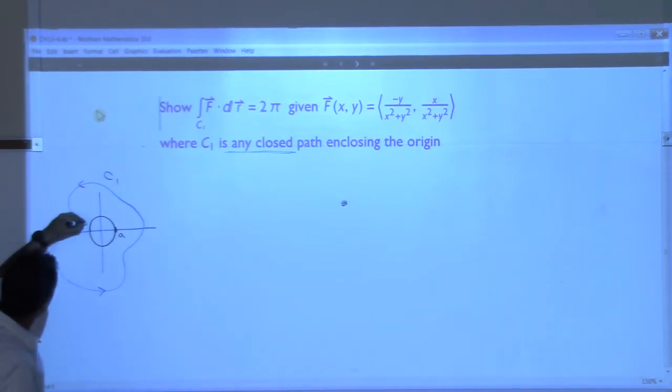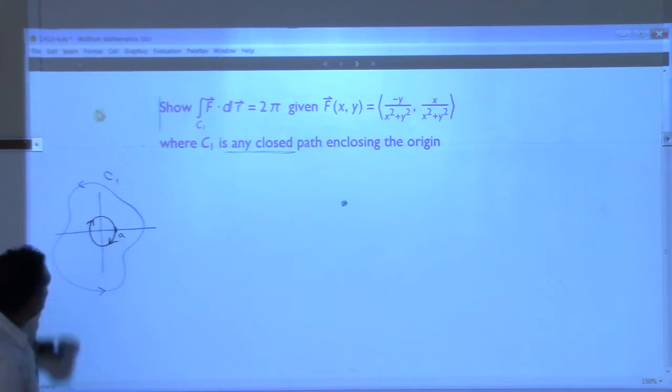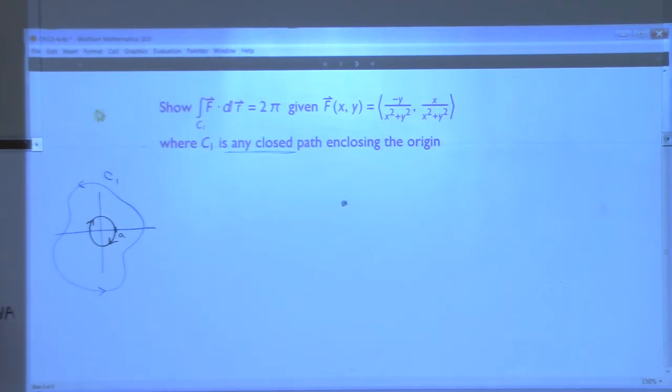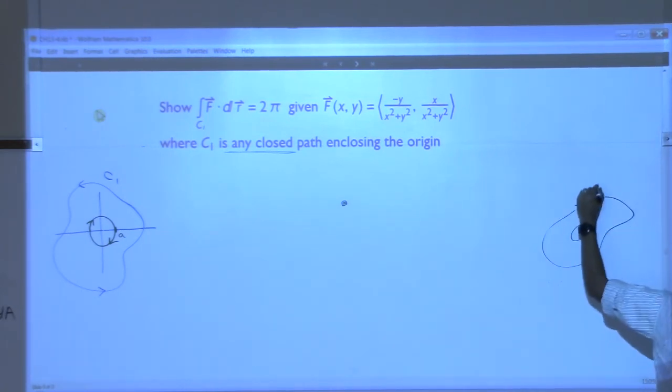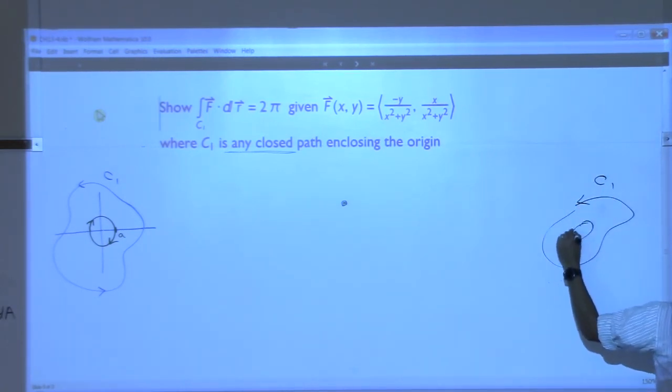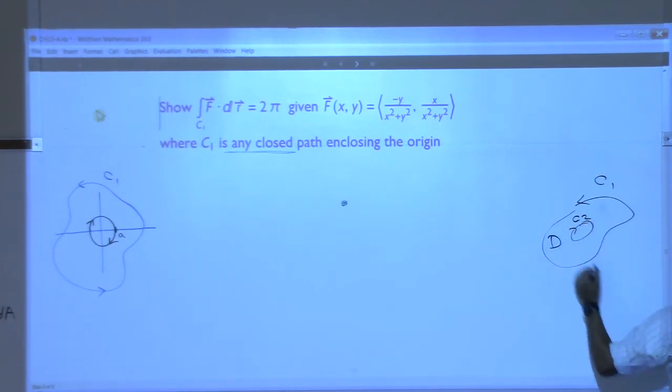Now, I'm going to orient this one negative direction. I'm doing that because of the thing we just did a second ago. Remember the picture I drew a second ago? We had our shape, we had our missing thing, we called C1 was this way, and then this one was C2, right? And then we said here was the region closed D, right?